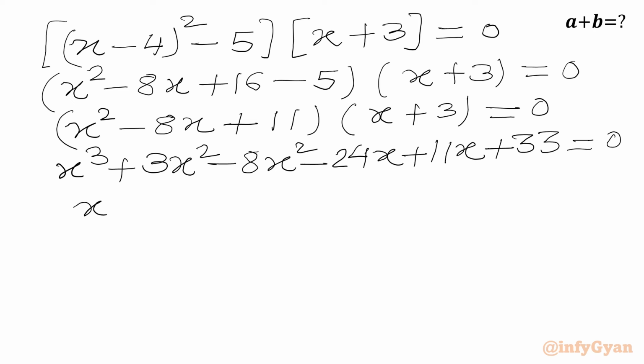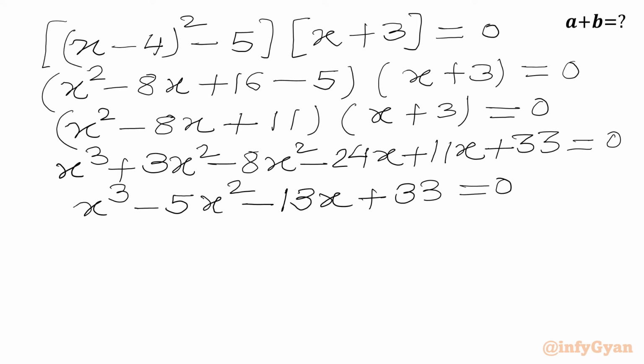So we are going to write here x cube. Then we have 3x square minus 8x square, which gives us minus 5x square, minus 24x plus 11x, which gives us minus 13x. Then we have 33 equal to 0.